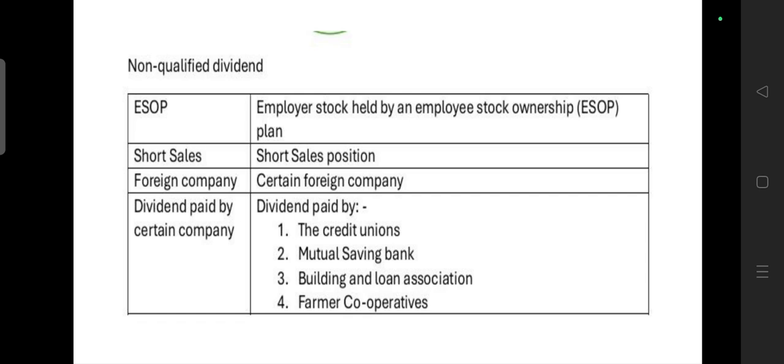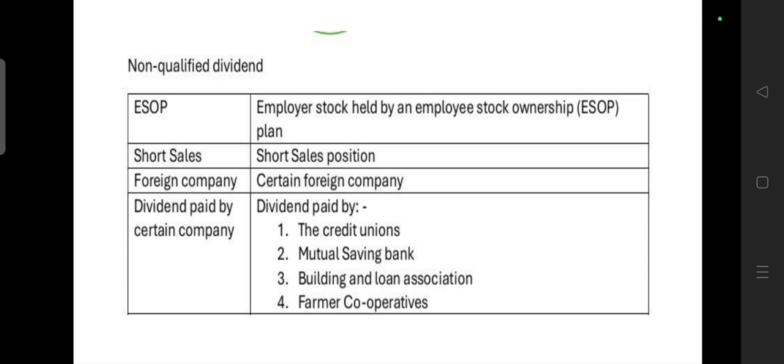As a reward to motivate them, to boost them, they will give stocks to the employees at lower than the market rate. Thereby they get an opportunity to sell it at market rate. The difference will be their profit. This is non-qualified because of this reason.